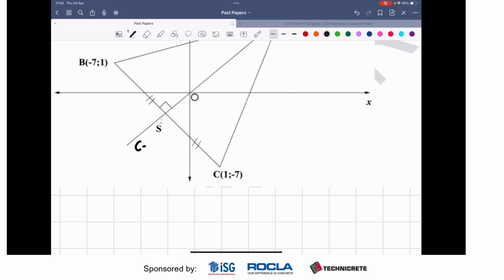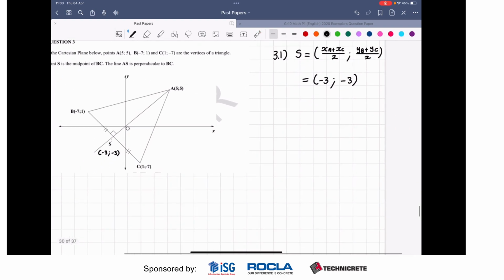So S is the point -3, -3, and this makes sense because S is below the x-axis, so I would expect the y value to be negative, and it's on the left of the y-axis, so I would expect the x value to be negative as well.